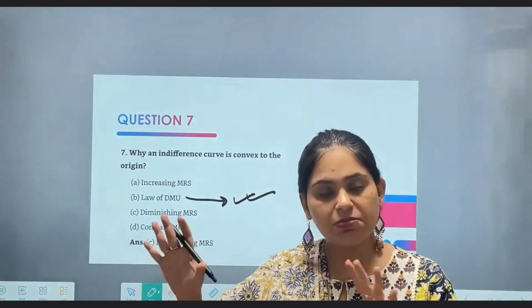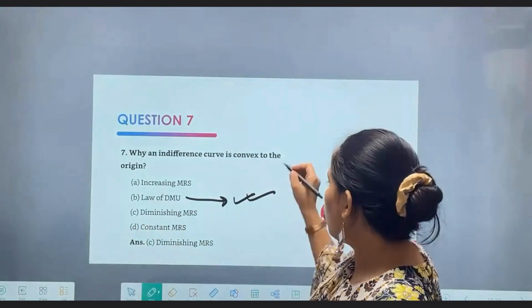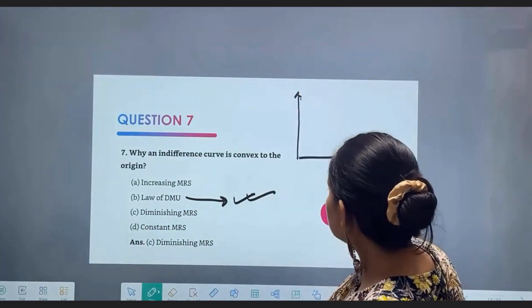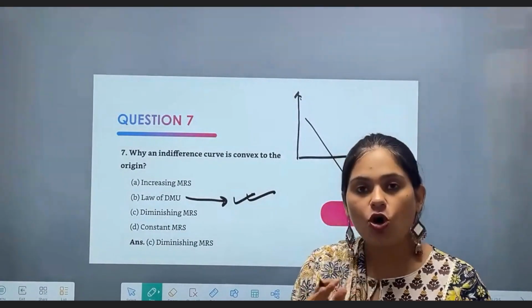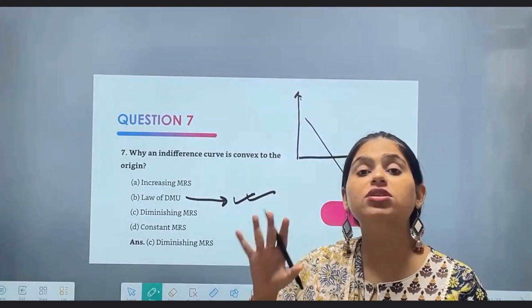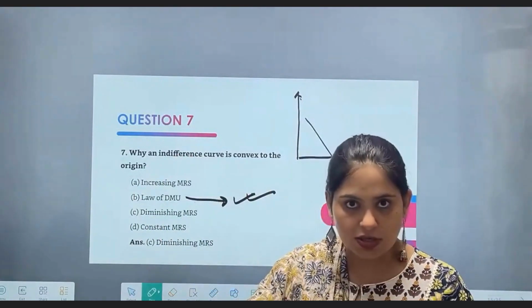Law of diminishing marginal utility only says that my marginal utility diminishes. It does not say anything about the slope of the indifference curve.